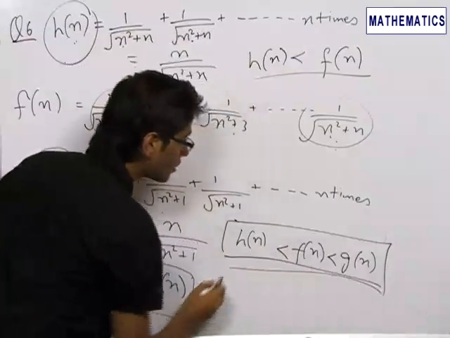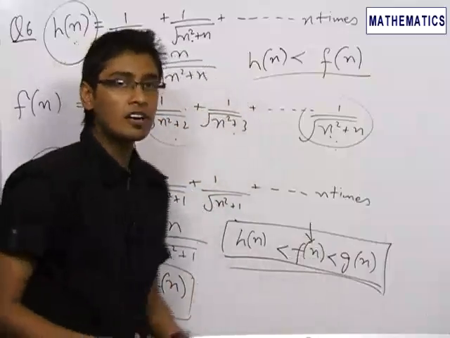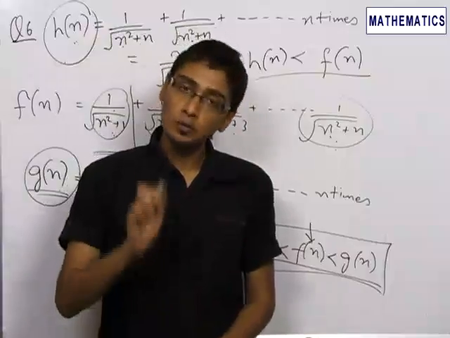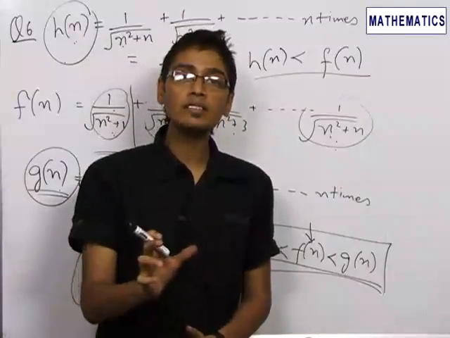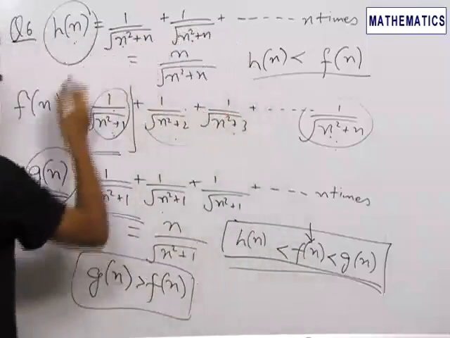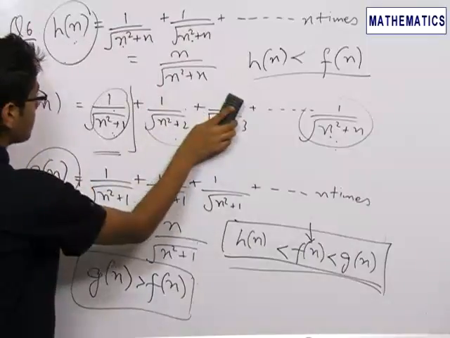We have found two functions between which f is sandwiched, but we can find many functions between which f of n can be sandwiched, but we need to find those two specific functions whose limits at the desired point are equal.